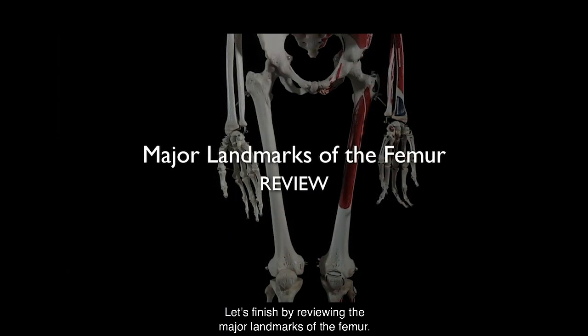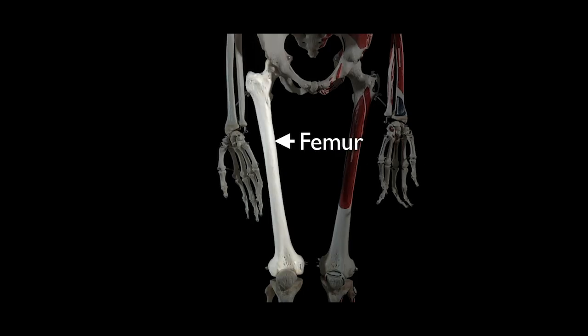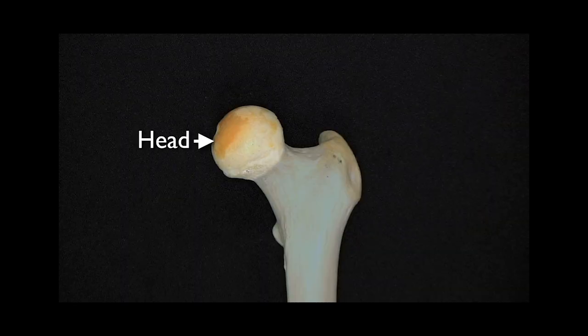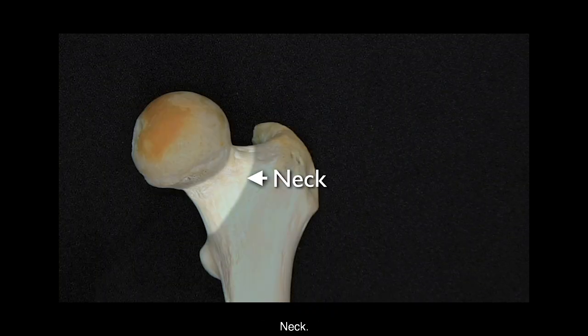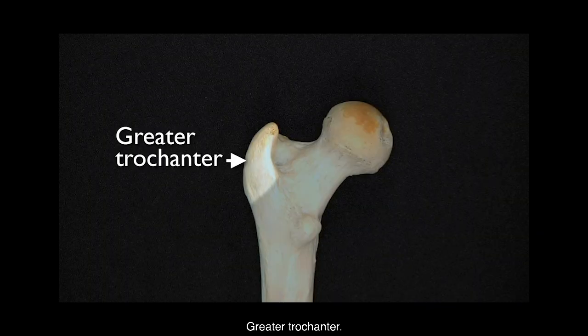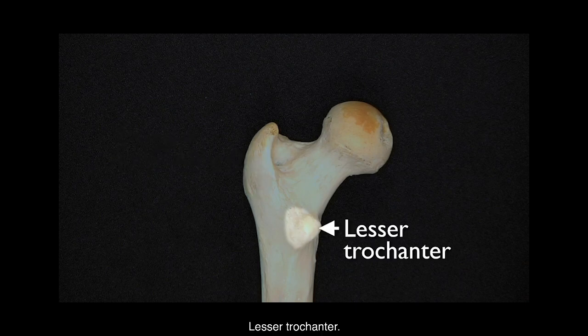Let's finish by reviewing the major landmarks of the femur. Femur. Head. Fovea capitis. Neck. Greater trochanter. Lesser trochanter.